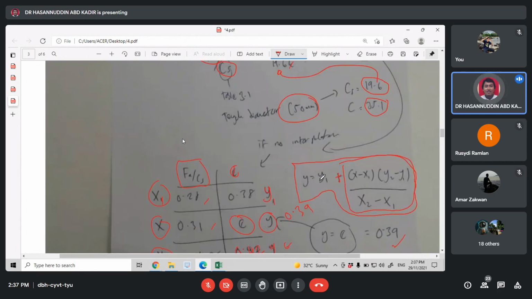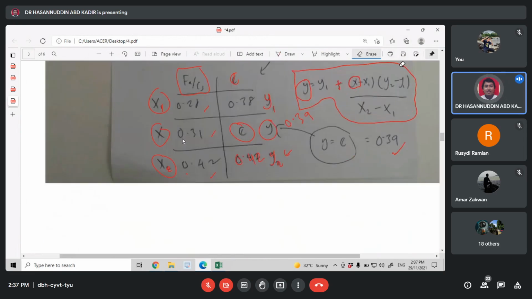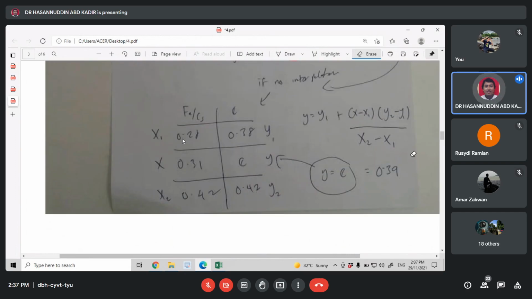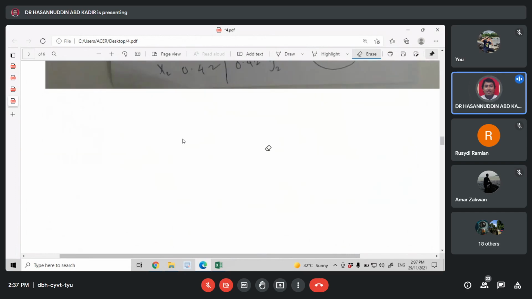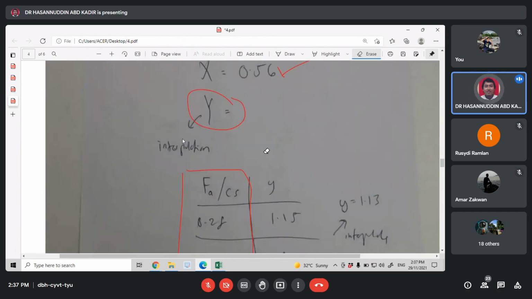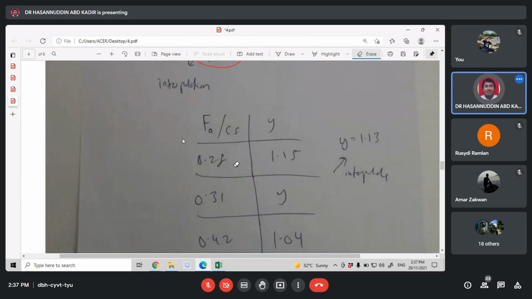Here Y is what we want to find, and this is our X. So make the condition like this, the same. Use this formula, then you can get the value of y. You need to find the value of y. So here you can write x1, y1, here x, this y.